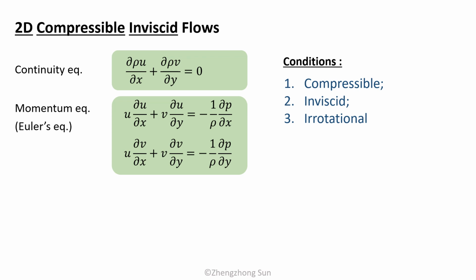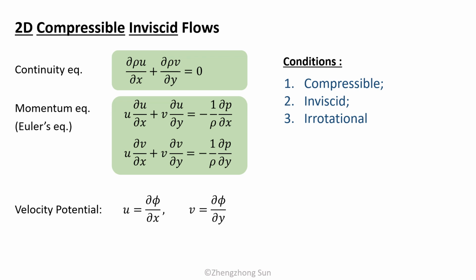I think I described the physical suggestion in the previous lecture. Irrotational means there is no flow separation, and also there is no boundary layer, because if you have a boundary layer, there is a velocity shear, and then you have rotation through the mathematical definition.